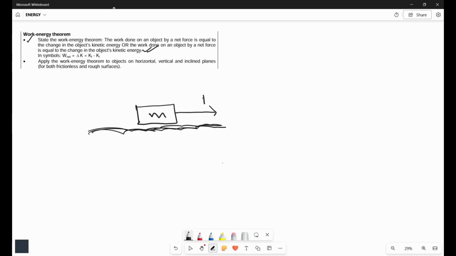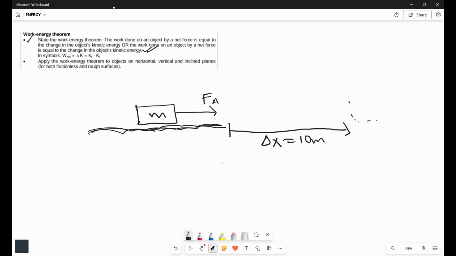Again, let's say I have my applied force in that direction. Let's say my object is displaced towards the right, changing x by 10 meters.